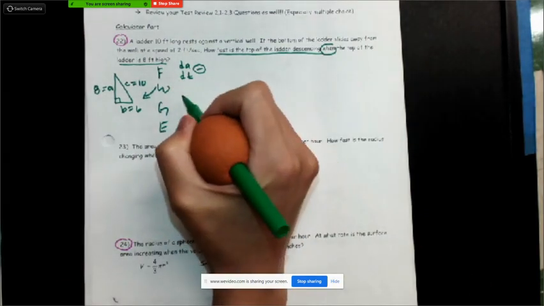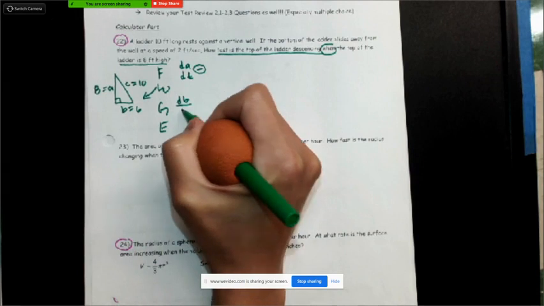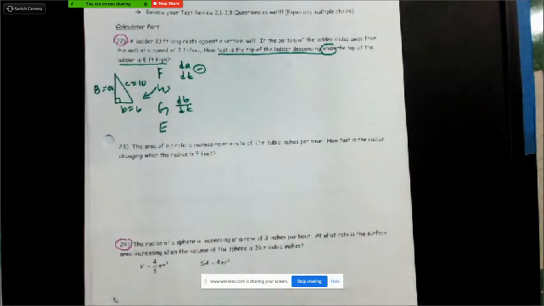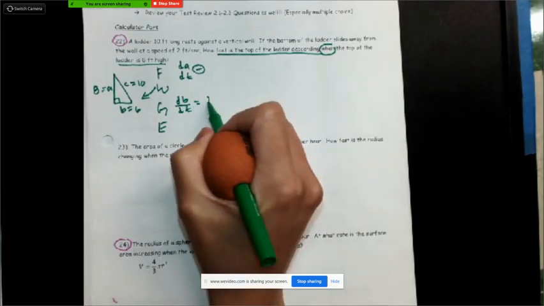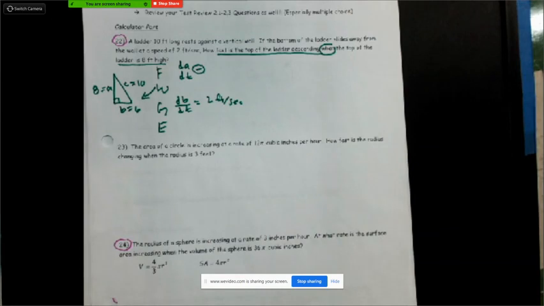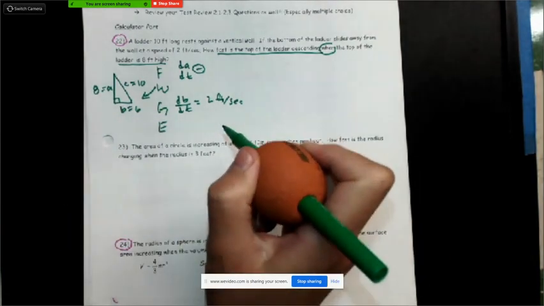So we're looking at dB over dt, because from the wall is the bottom. And that's going to be 2 feet per second. And if the ladder is moving away, would you agree it's going to be longer and longer than 6 feet? So I'm going to leave it as positive.